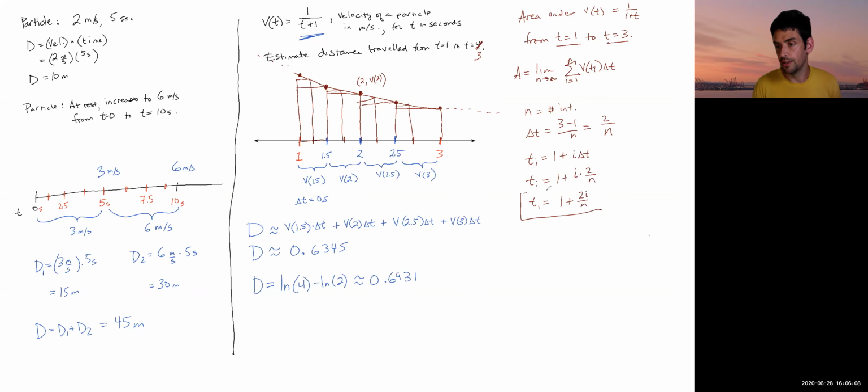So there are our pieces. Our area would look like the limit as n goes to infinity of the sum from i equals 1 to n of 1 over, so I'm doing v of t sub i, putting t sub i into the function 1 over 1 plus t, so I'll get 1 plus 1 plus 2i over n, times delta t, which is 2 over n.